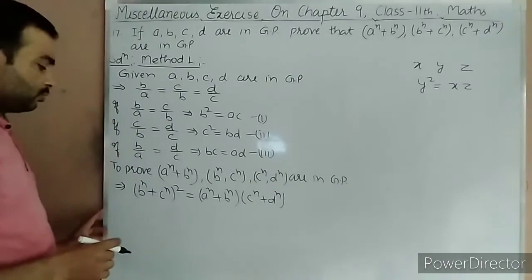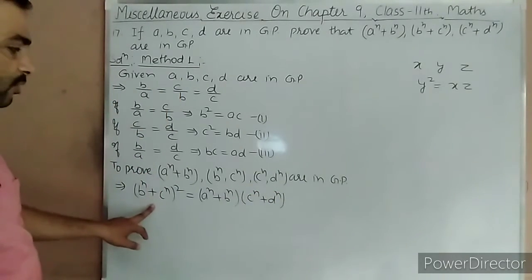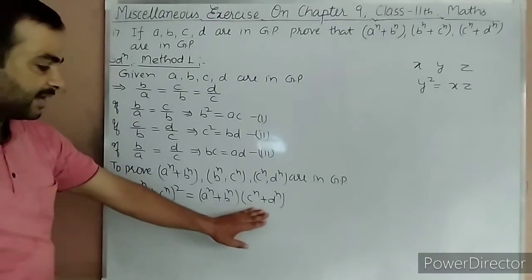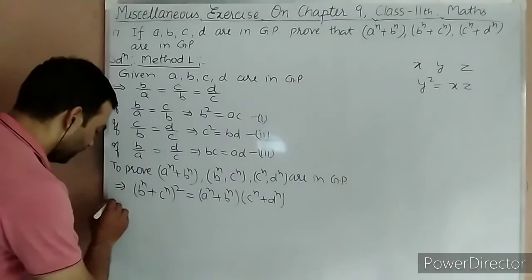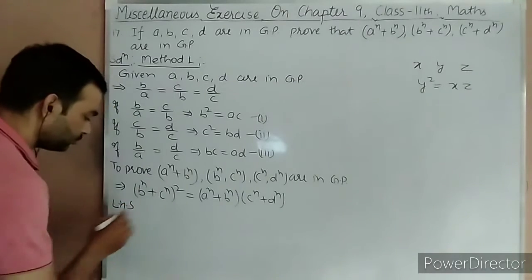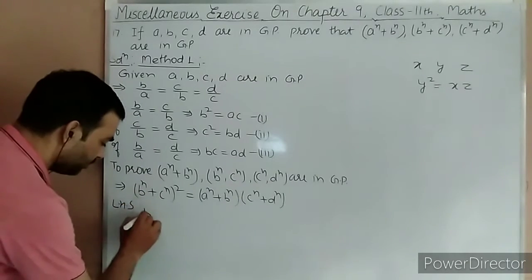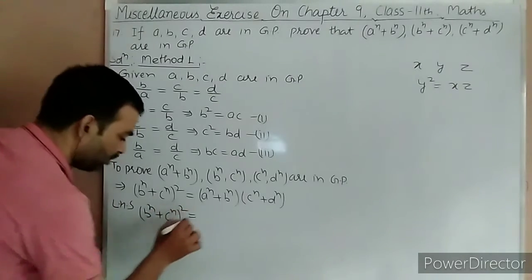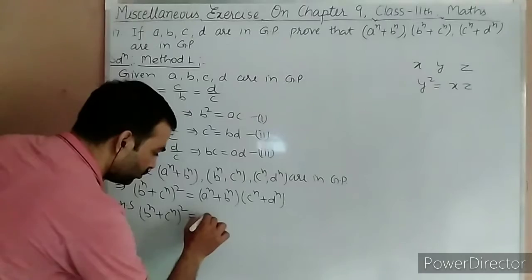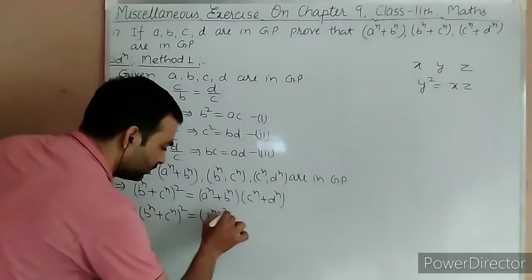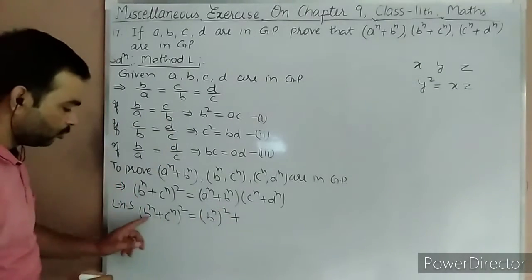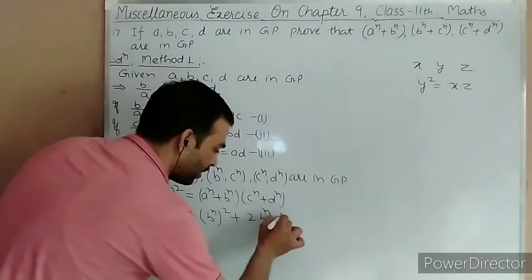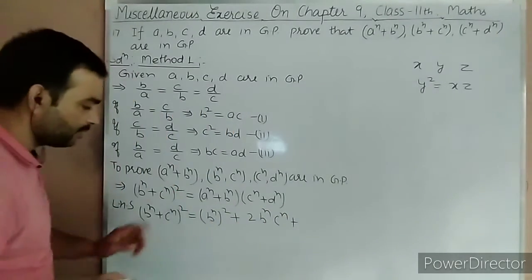So I take the left hand side, and then I will prove it equals this multiplication, which is the right hand side. Now the left hand side is B power n plus C power n whole square. Squaring both sides, B power n whole square plus 2 into B power n into C power n plus C power n whole square.